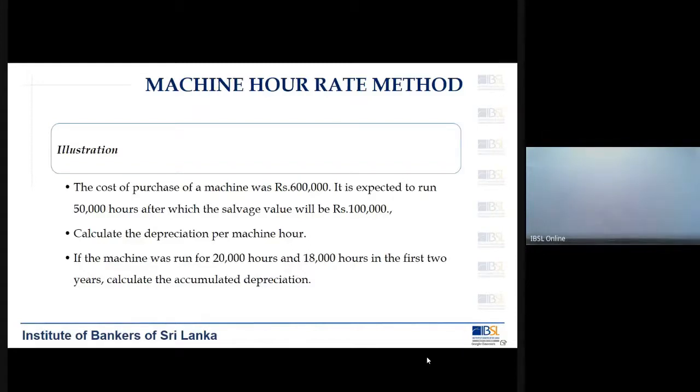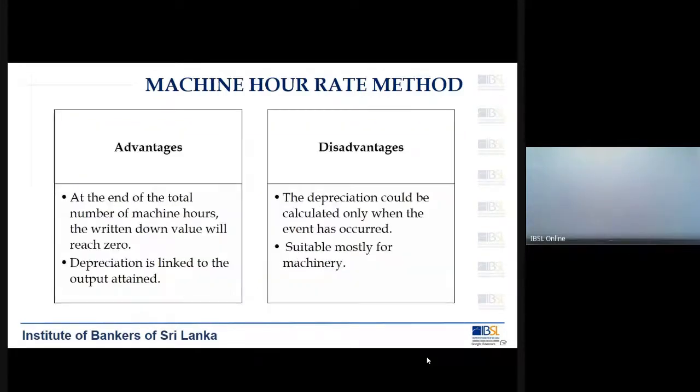Okay. If you look at the advantages and disadvantages, the advantage is that at the end of the total number of machine hours, the written down value will reach 0, just like the straight line method. Then depreciation is linked to the output attained. How much they produce, the depreciation is linked to that. What is the disadvantage? The depreciation could be calculated only when the event has occurred.